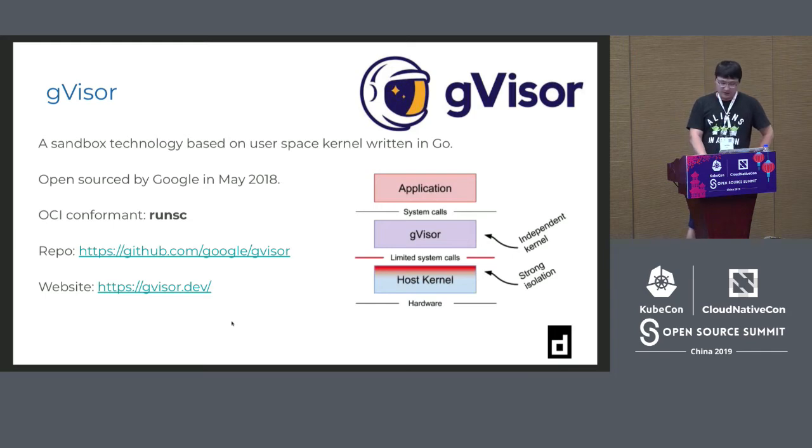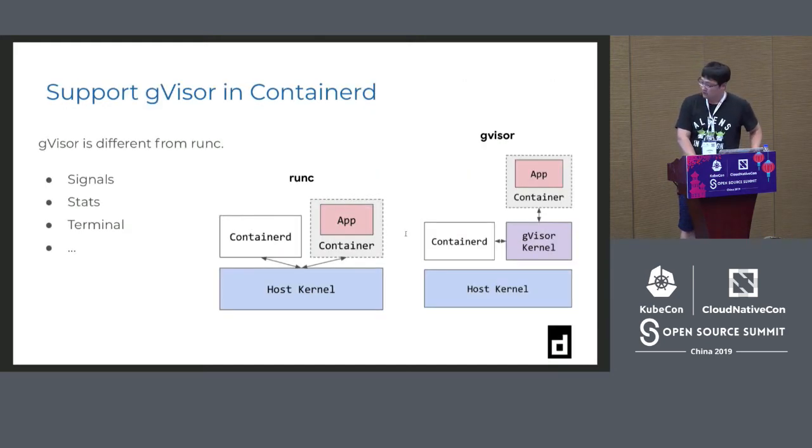It is also OCI conformant, running as runsc. So your application is in user space, and system calls go through it to provide virtualization. As a result, you cannot directly access the host kernel, so you can have two layers of security isolation.